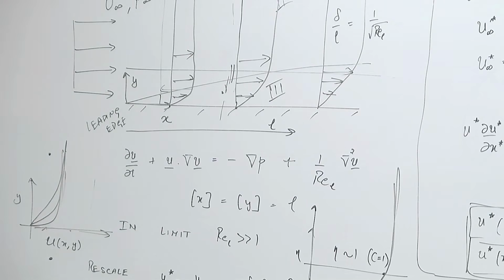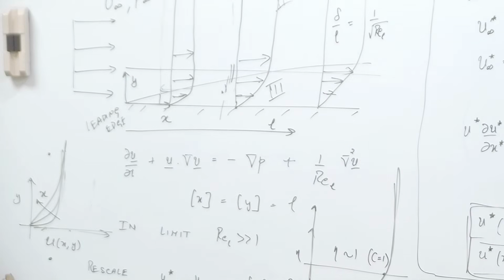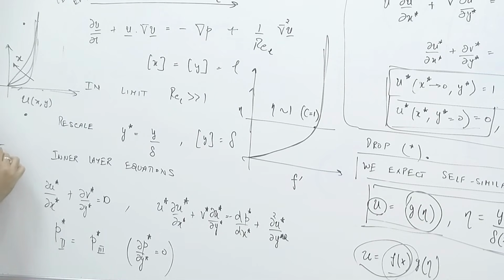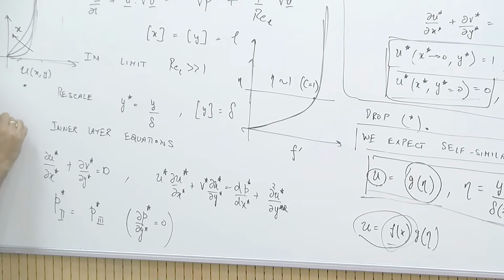Okay. If you go back to your impulsively moving plate, this is how the solution plot looked in time. Now, this is how it looks as you are moving further downstream. So, instead of plotting it versus y, you can do a scaling of y, say y divided by square root of some constant times x.